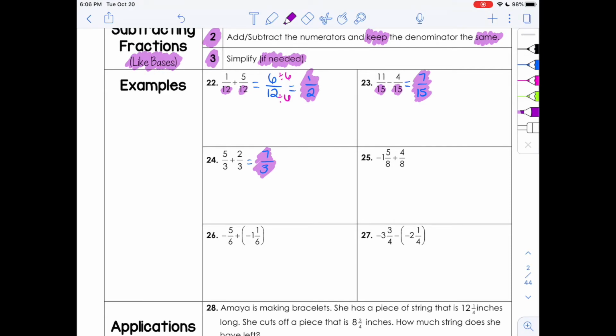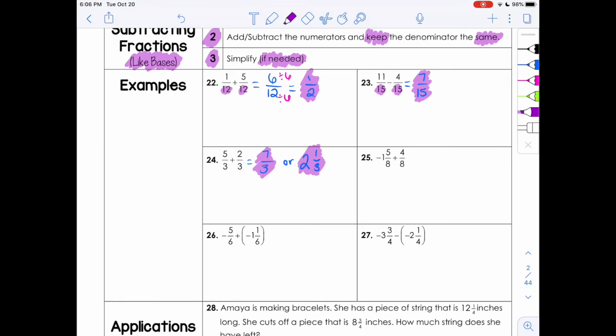But also, depending on the problem, you may want to change that to a mixed number. So 7/3 as a mixed number, 3 goes into 7 2 times, that's our whole number, with 1 left over, that's our numerator. And our denominator of 3 stays the same. So 7/3 or 2 1/3 are your correct answer.